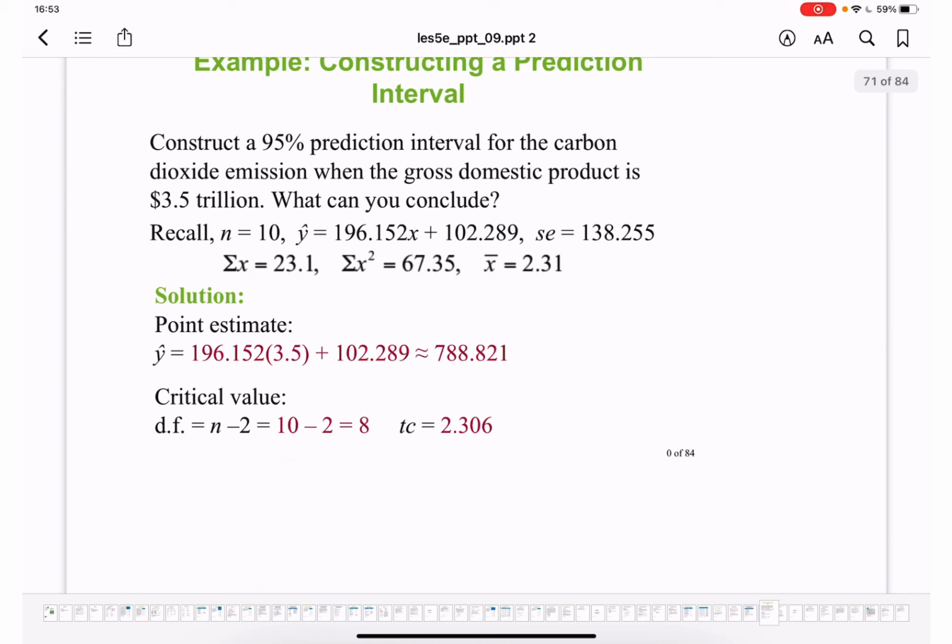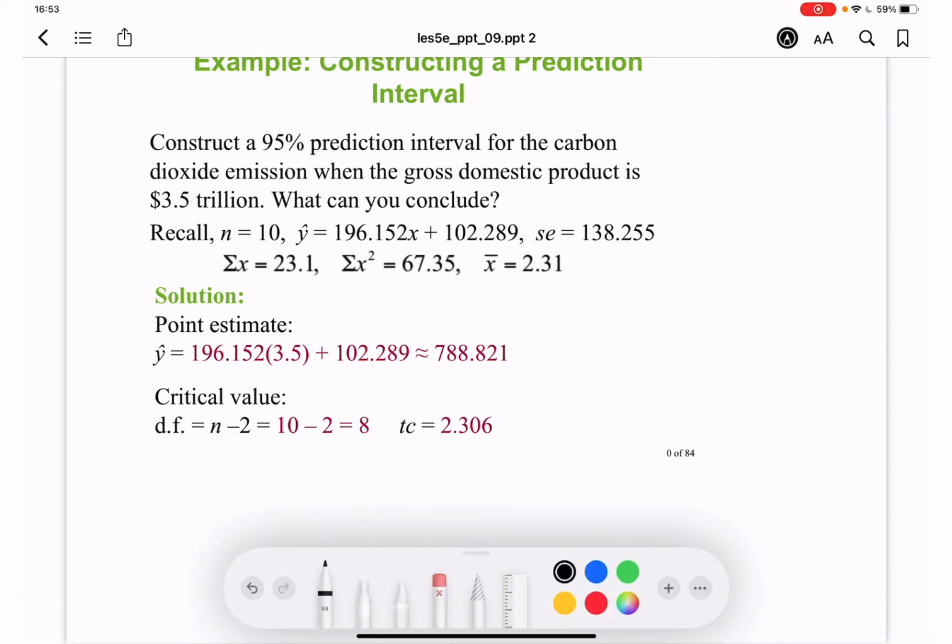So construct a 95% prediction interval for the carbon dioxide emission when the gross domestic product is 3.5 trillion. What can you conclude? Well, the y hat equation is given already, and our n is 10, and we need to know the product for 3.5 trillion.